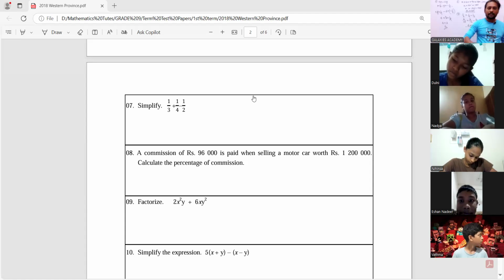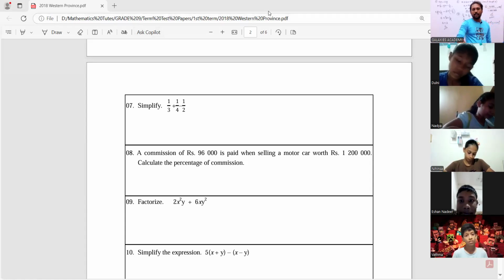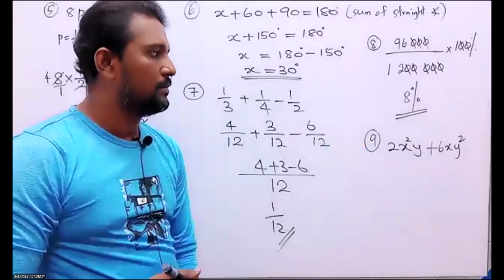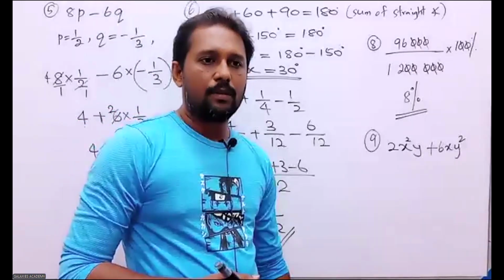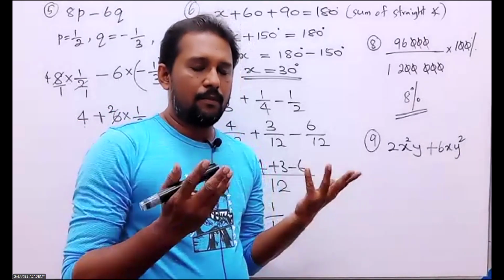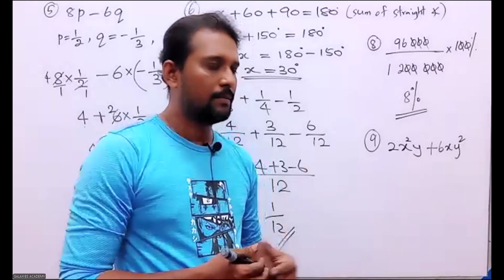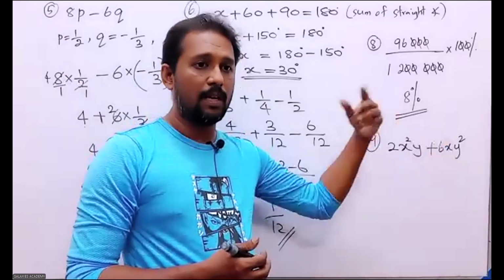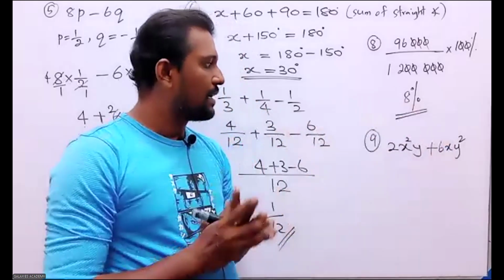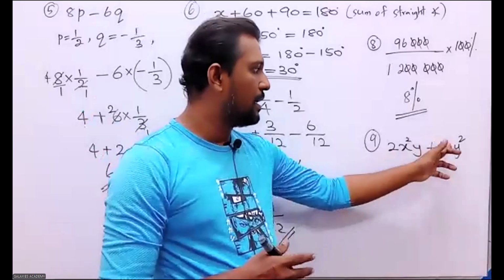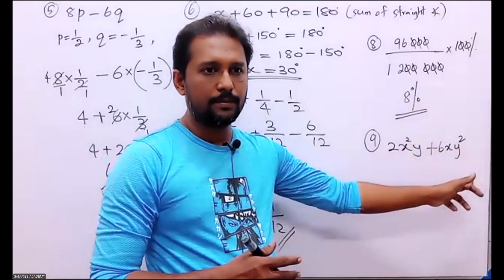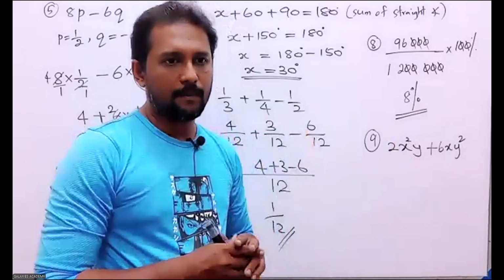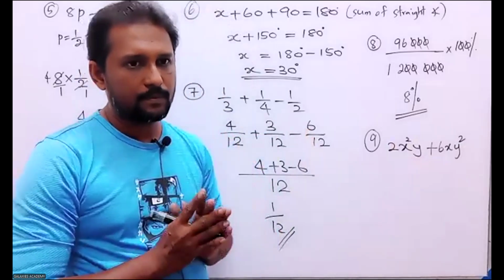When you factorize, first you have to find the common term for these two terms. 2 is common, and 6 is also a multiple of 2. What are the common unknowns? x is common, y is common. So the common factor is 2xy.